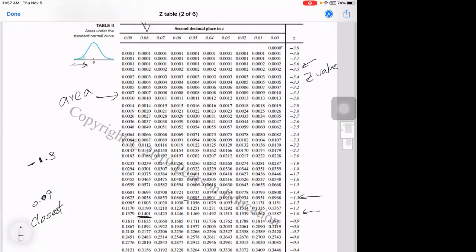Got it? Then get the column value. It's going to be 0.04. So for a moment, just forget about the negative sign and add these two, which means 1.34. Then put the negative sign.